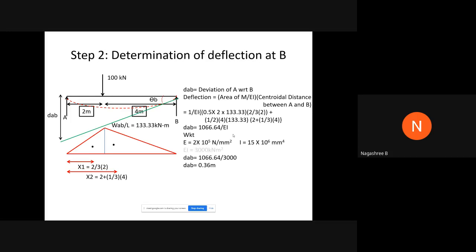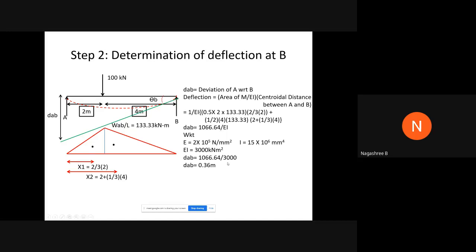After multiplying E and I and converting, we get 3000 kilonewton meter square. So I know the value of EI as 3000 kilonewton meter square, and DAB is 1066.64 divided by 3000.